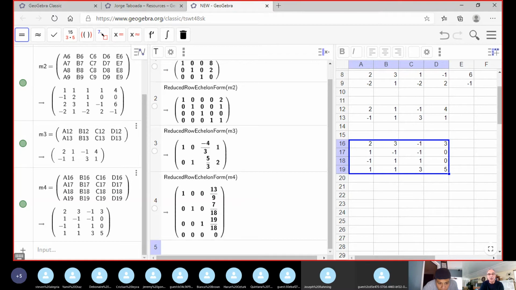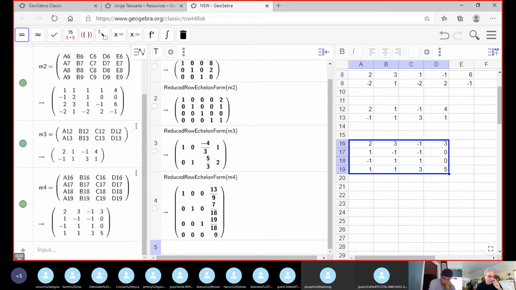Let me copy again. Look, the matrix. The answer is... where did I copy the answer? I never copy the answer. Well, okay, no problem. The answer is 1 0 0, 0 1 0, 0 0 1 and 0 0 0, right?